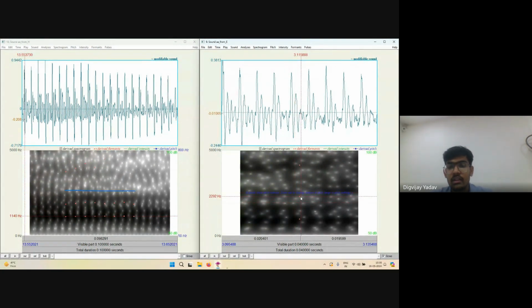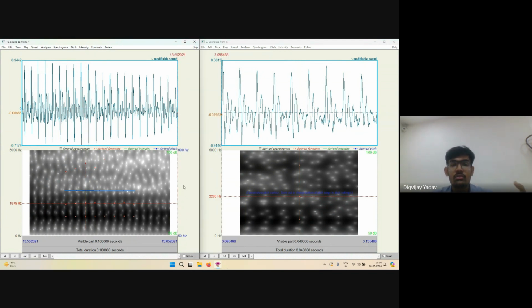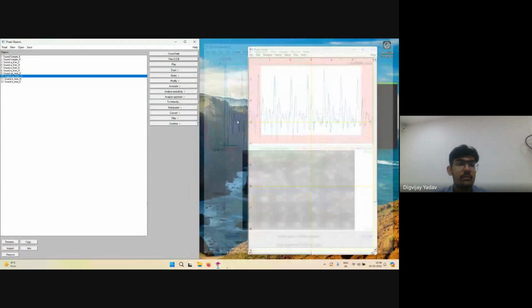Here we can see the second formant lies around 2280 hertz, and here it lies around 1879 hertz. So it basically means that the individual on the right hand side is different from the left hand side. The derived pitch may not be visible here, but it is advisable to understand it through formants and other intensity, if given clearly, which is given clearly here.